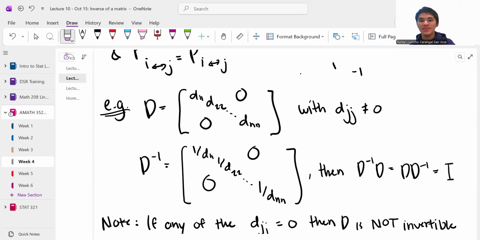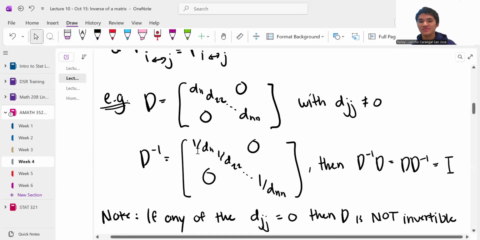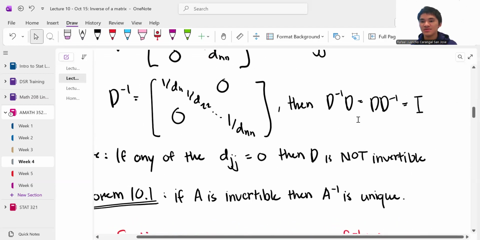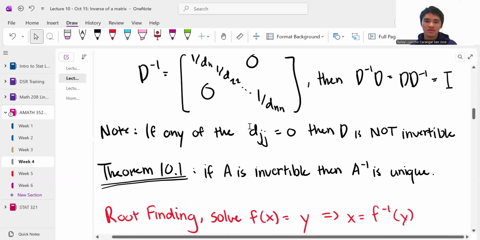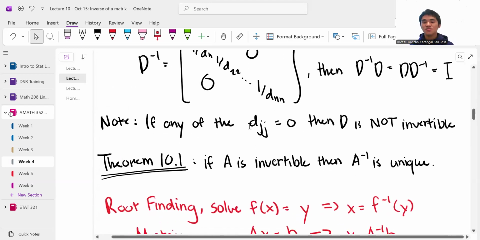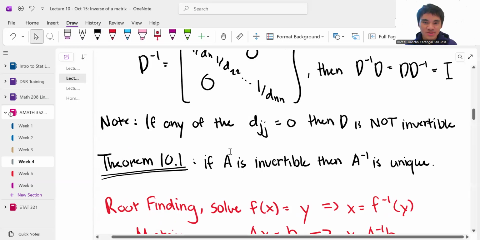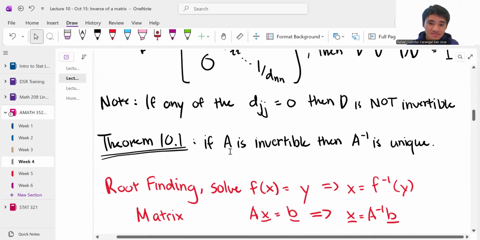That's why we just put the reciprocal of the entries, and then if we multiply those two matrices, we get the identity back. That's when a diagonal matrix is invertible. It's not invertible, however, if a diagonal entry is zero, because the reciprocal would be undefined.